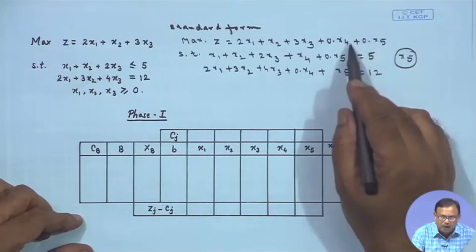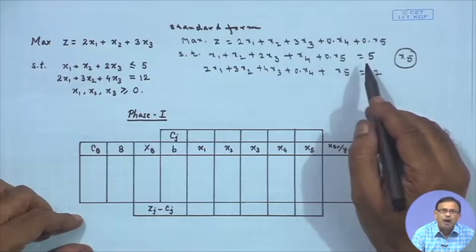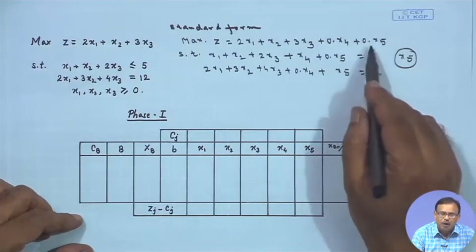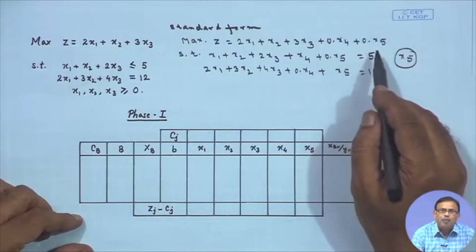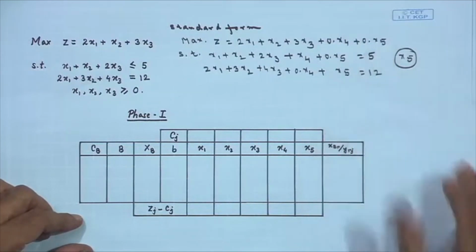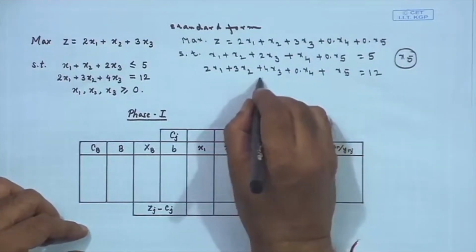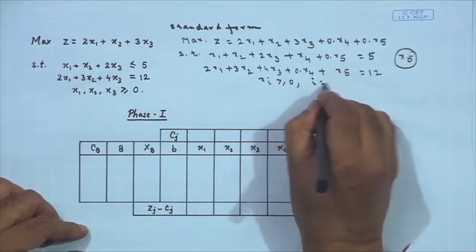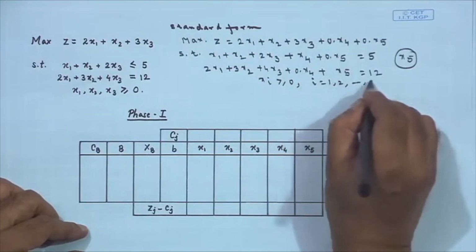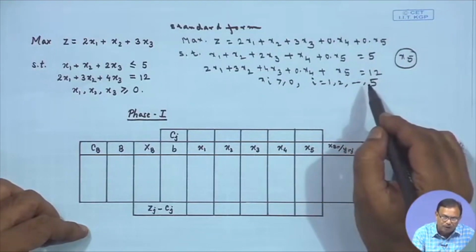This is the first difference between the big M method and the two phase method, because in big M method you added a penalty of minus M with the artificial variable x5. Now, this is your problem where xi is greater than equals 0, i equals 1 to 5. So, your standard problem is this.